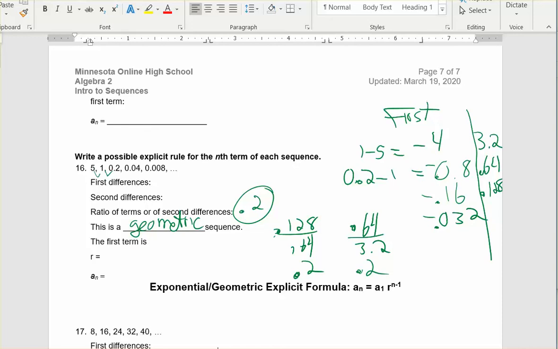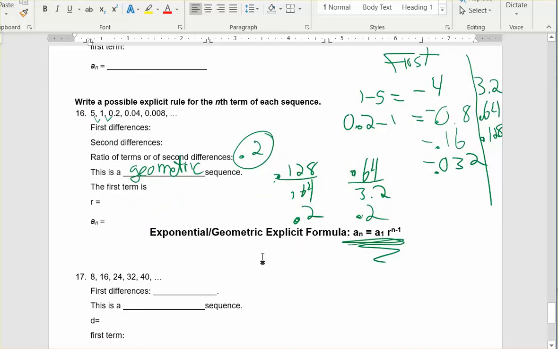And then from there we can use this formula. So when you get to the geometric sequences, they'll be given to you as geometric, so you won't have to do this again. It's just this problem. Because it looks like number 17 looks arithmetic, so I did most of the work for you there.